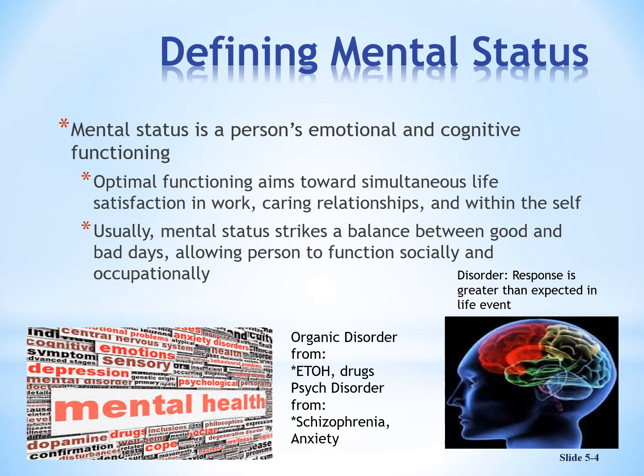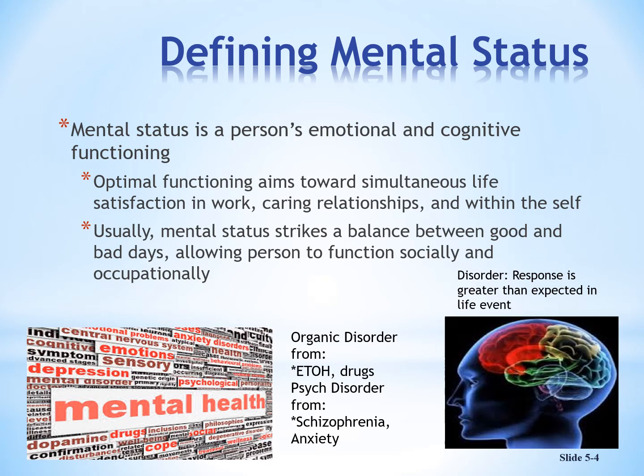But mental status is generally a person's emotional and cognitive functioning. Usually we want optimal functioning, where we're able to balance between life and work and school, and we can function relatively well. So we find a good balance between that. Sometimes there is not a good balance, and so that person ends up with a mental disorder, which is when the person's response is much greater than the expected reaction to some traumatic life result that occurs.